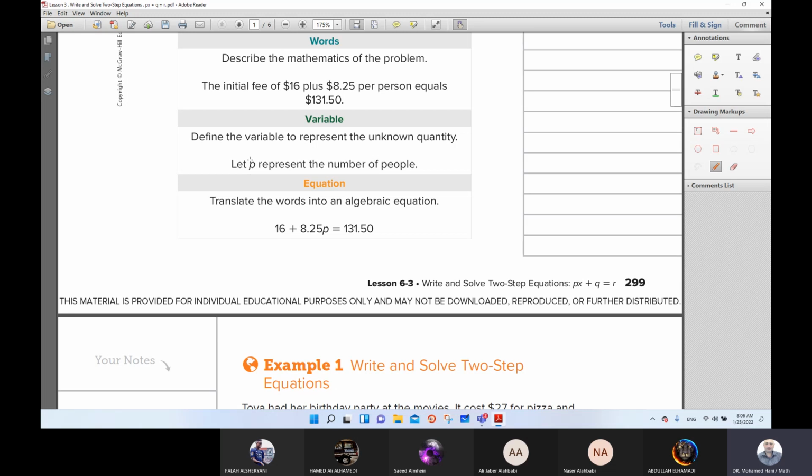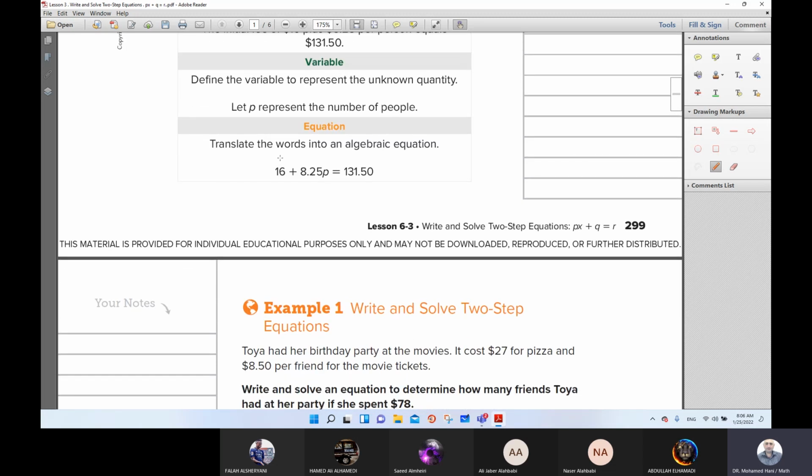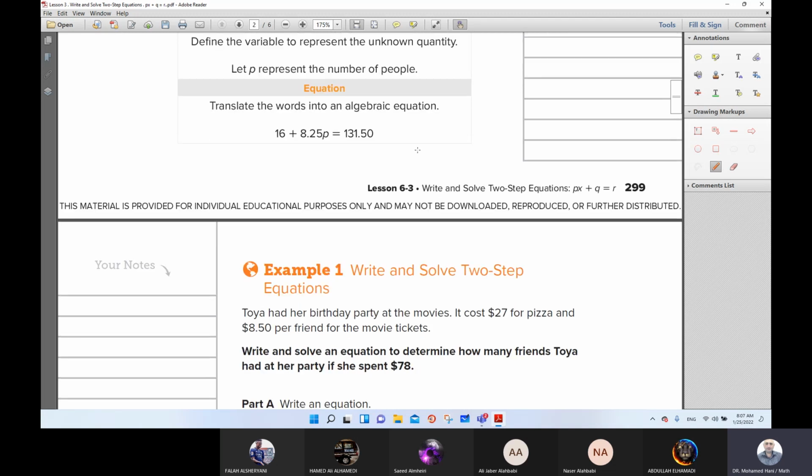So let p, you can choose any small letter, let p represent the number of people. Translate the words into an algebraic equation. We have 16 plus 8.25 per person, which means times the variable p, equals the total 131.50. So this is the equation.